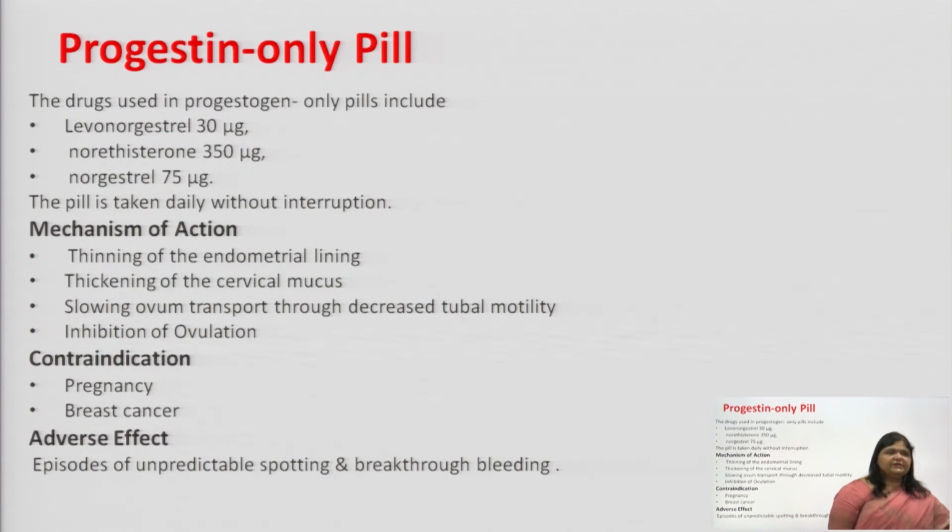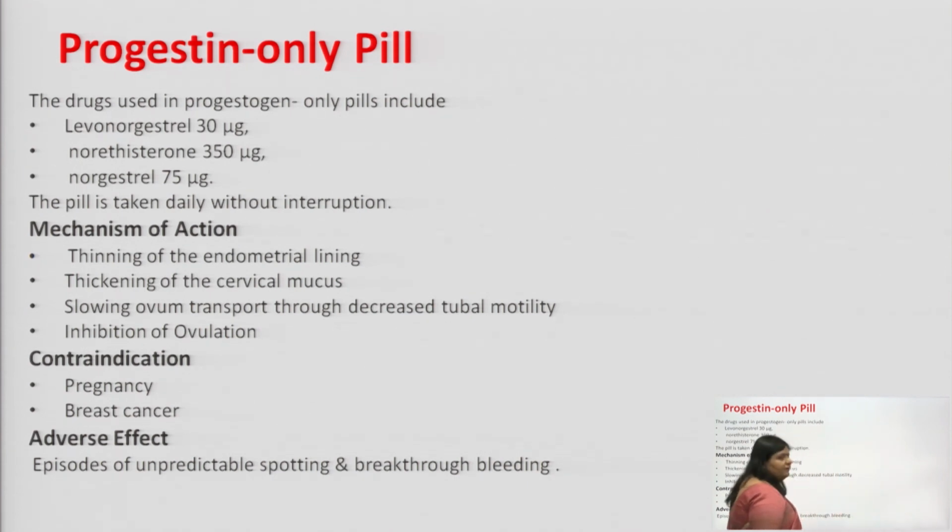Then is the progestin only pill, which we call the mini pill, in which case there is only progestin. We can use norgestrel, norethindrone can also be used, and this is to be taken without any interruption throughout the day or throughout the cycle.